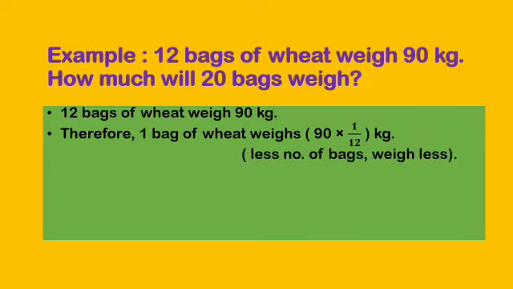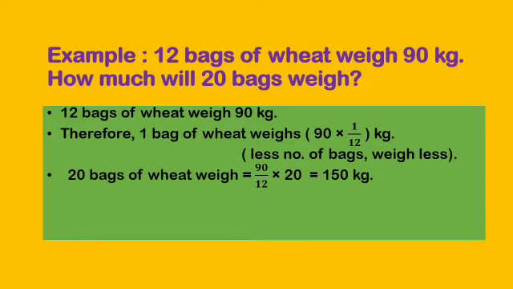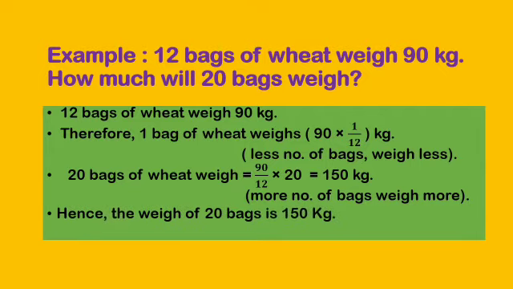So less number of bags weigh less. Now 20 bags of wheat weigh 90 divided by 12 multiplied by 20, which equals 150 kg. So more number of bags weigh more. Hence the weight of 20 bags is 150 kg.